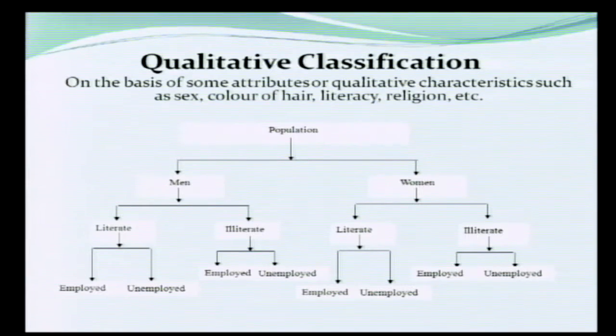Again we can classify this information on the basis of the next characteristic, that is employability: the literate men employed or unemployed, illiterate men employed or unemployed, like that. So this type of classification is manifold classification of qualitative data.